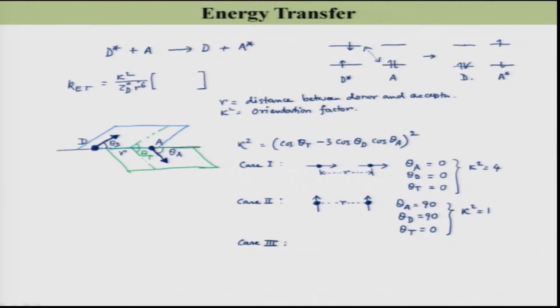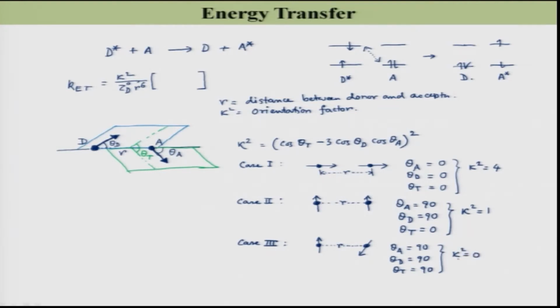In this case, let me take my dipoles, this donor and acceptor, like one is like this, is my donor and this is r, right, and this is my acceptor, such way that theta a is equal to 90, theta d is also 90 and the angle between these two is also 90 degree, right, and this is going to give me kappa square equal to cosine 90 minus 3 cosine 90 and cosine 90, right. So, this is going to be equal to 0.